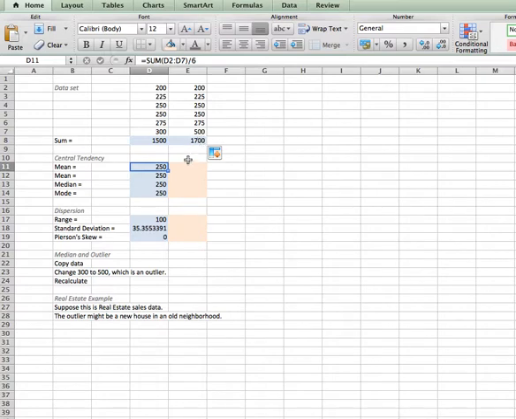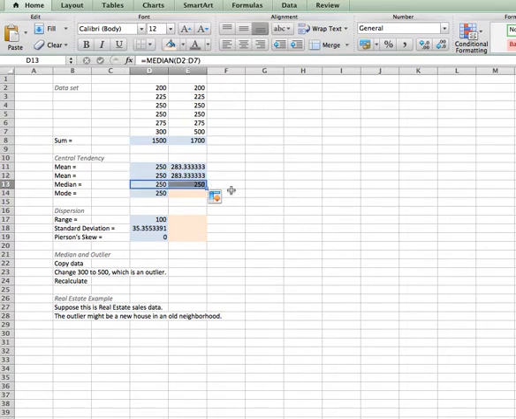Next, I would like to calculate the mean, and I can do the same thing with each of these. I drag them across, and I see the mean value is 283, and that also makes sense because with this outlier in here of 500, we would expect the average value to go up. Then we have median.